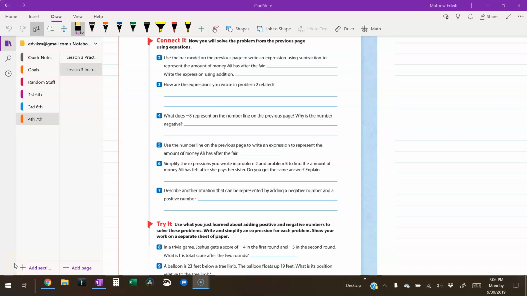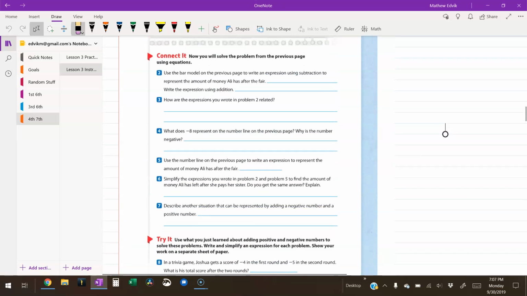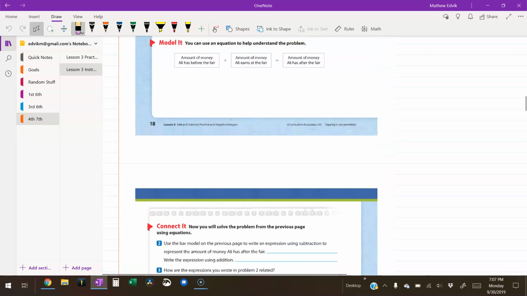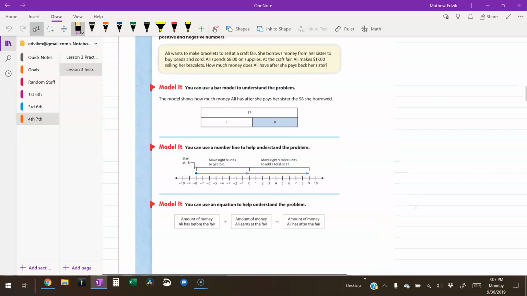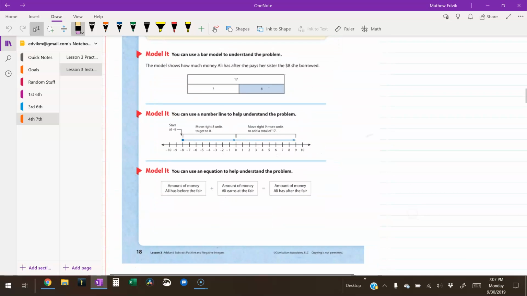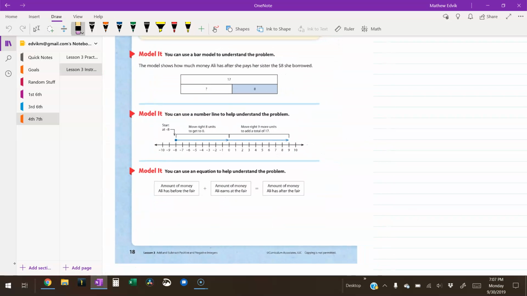Okay, we are now going to continue working on page 19. So the last time, yesterday when we were working on page 19, we looked at this model here, the bar model, and we had said that 17 represents the amount she made at the fair.